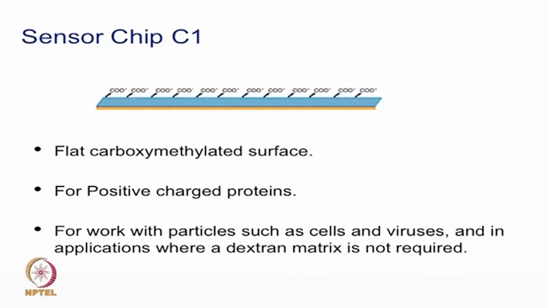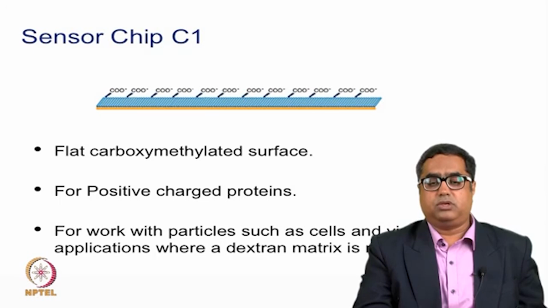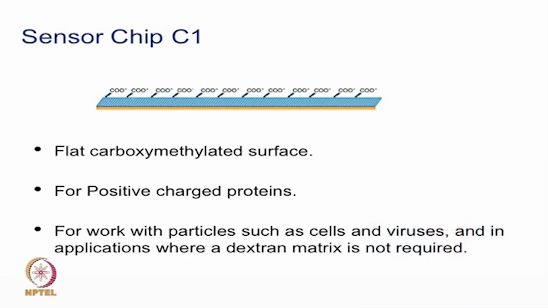C1 does not contain any dextran here, and it is a flat bed of carboxymethylated surface, very good with positively charged proteins, and can be used again with cells and viruses for a total immobilization of cells and viruses, and has been used by many in the literature for immobilization of bacterial cells and mammalian cells, and is useful for studying interactions at cellular level.